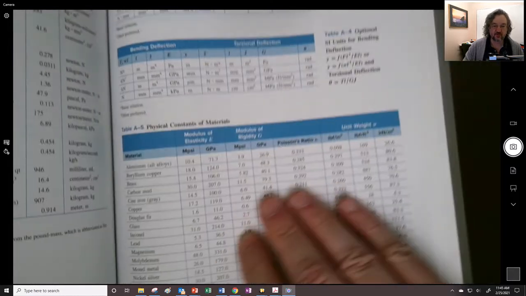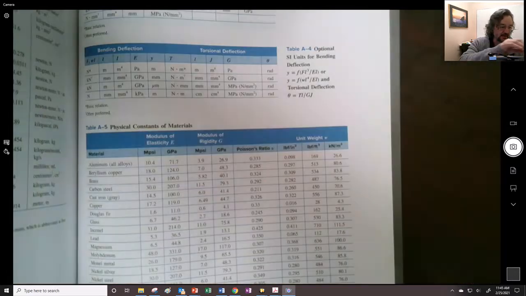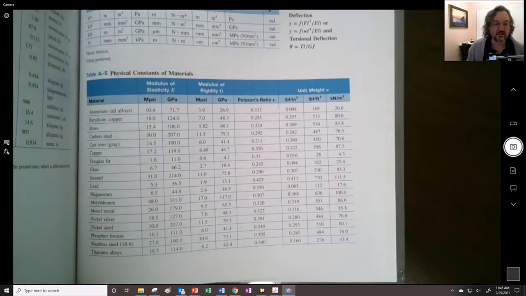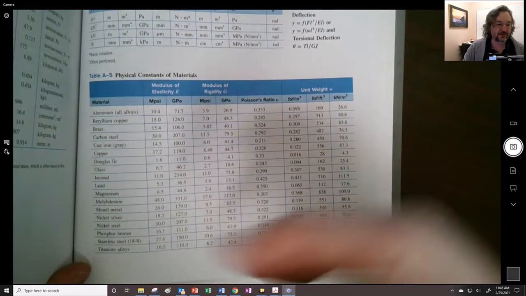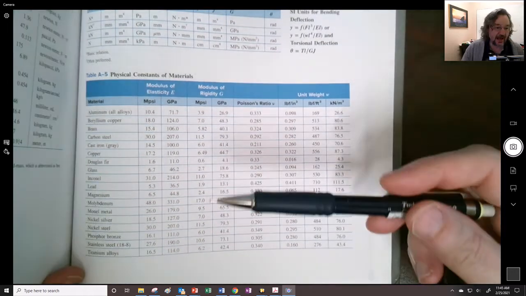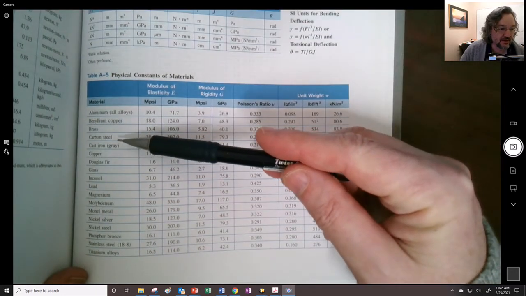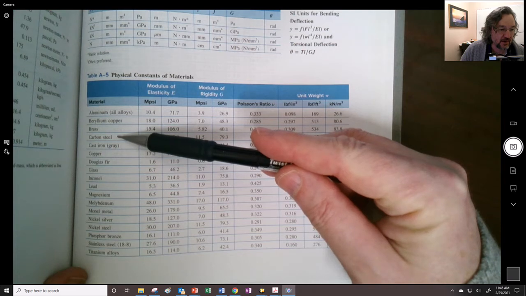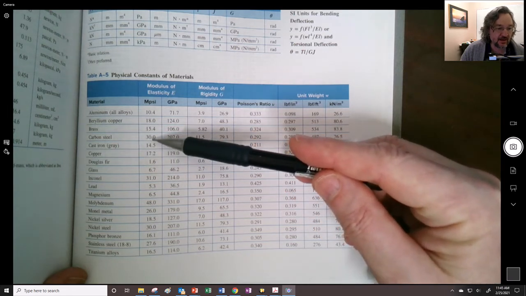Some of the first ones that we're going to need right here are in table A5. I didn't even realize at one point that this table was in here, but it's a pretty decent collection, and they don't have a lot of choices. They just go a basic steel in here. They go carbon steel, and then they have cast iron. So they don't have a lot of variation.